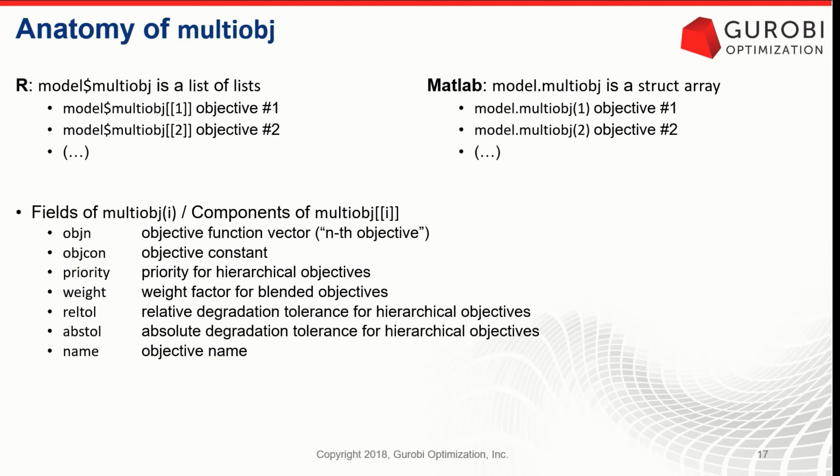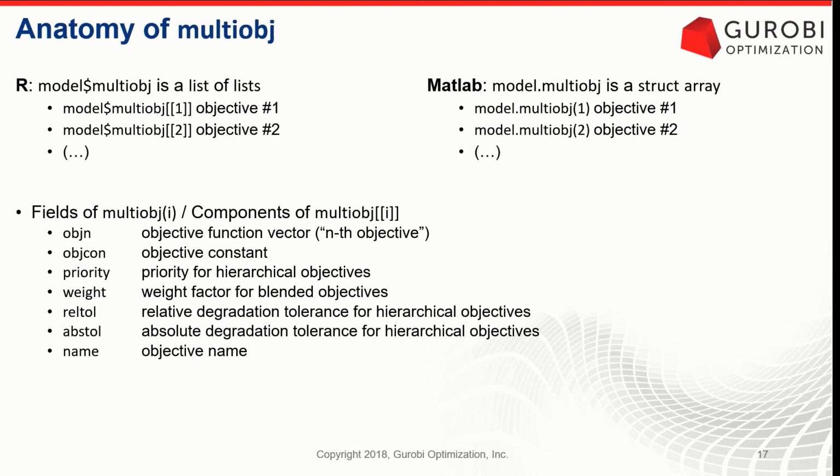So if we don't want to be that strict, but relax this a little bit, we could say that, okay, we want to minimize the less important function, but only in that search space where the objective function value of the more important function does not degrade more than, say, 5%, or by an absolute number, like maybe 20. So RELTOL and ABSTOL allow you exactly to model that.